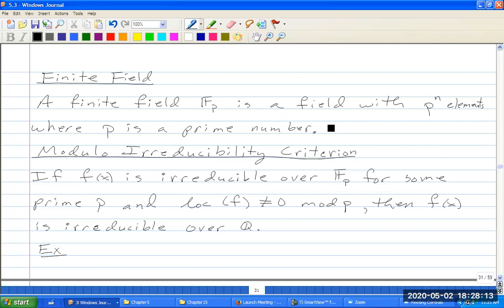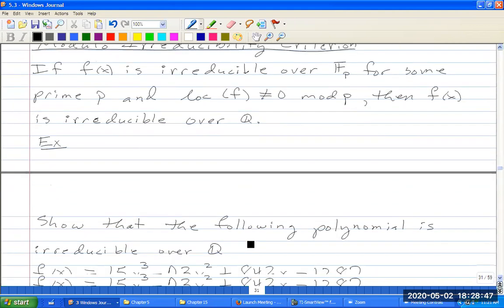So the modulo irreducibility criterion: if f is irreducible over F sub p for some prime p, and the leading coefficient of f is not 0 mod p, then f is irreducible over Q. So irreducibility over some finite field shows irreducibility over the rational numbers.